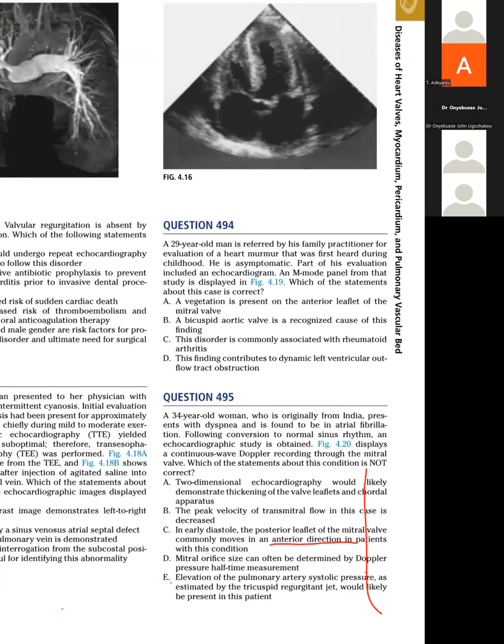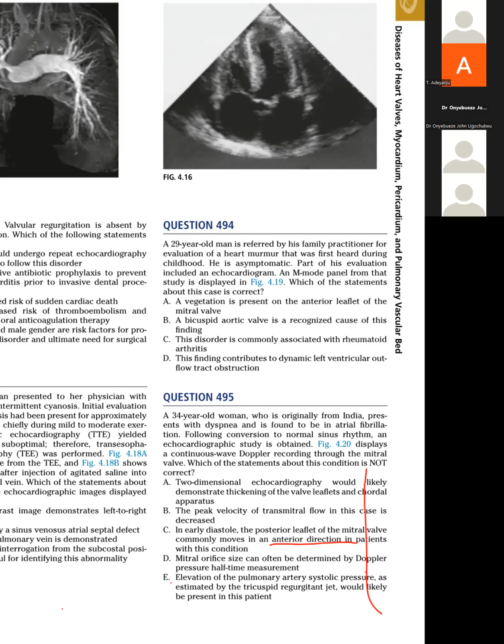Remember, it's a 34-year-old from a third world country, so rheumatic heart disease is the first differential, and thickening of the mitral valve leaflet and chordae is one of the classical findings. B: the peak velocity of transmitral flow is decreased. No, as we've said from the picture, it is increased. So B cannot be true.